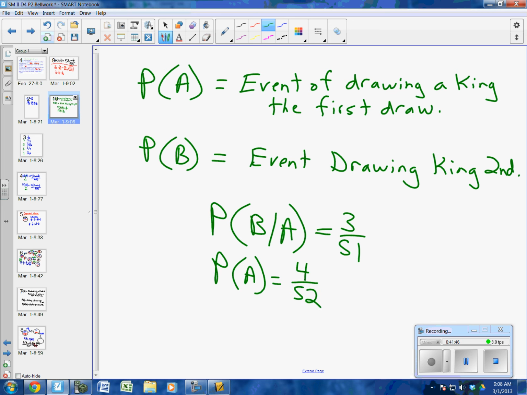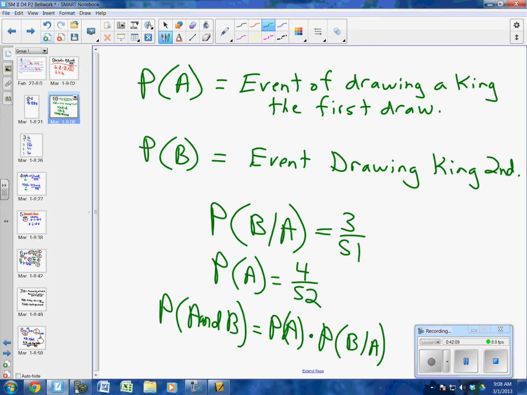And so I have to multiply those together, right? So the probability of A and B is equal to the probability of A times the probability of B given A, right? That's it right there. And we already know that it comes out to be 4 over 52 times 3 over 51, which is equal to 1 over 221.